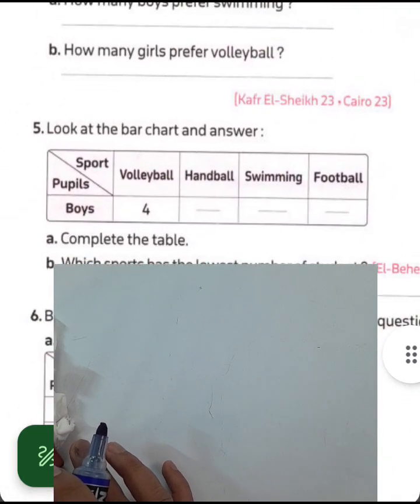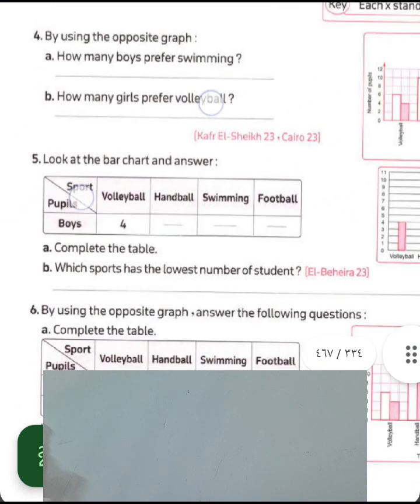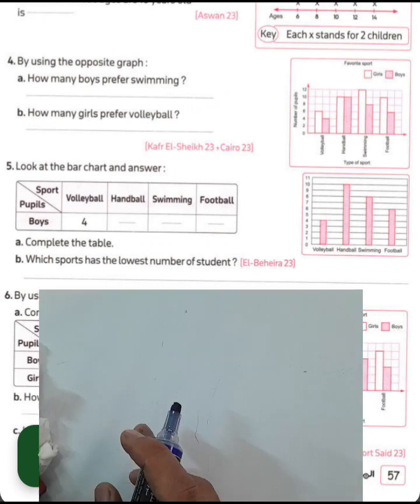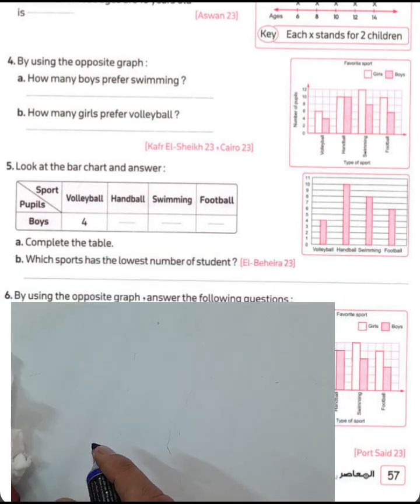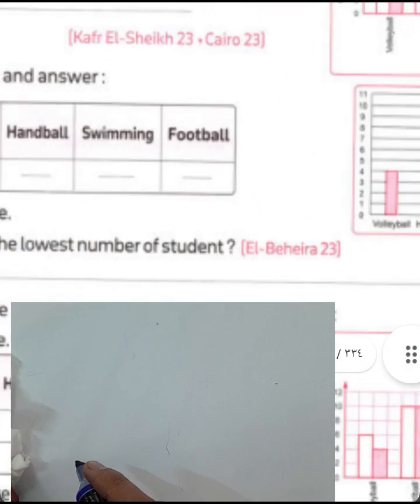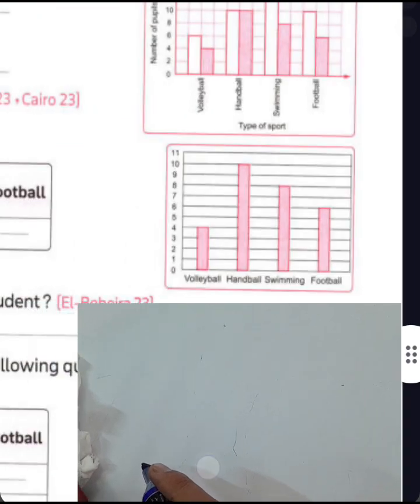Next question. Look at the bar chart and answer the question. We have the bar chart here, and we will complete it. We have handball, swimming, volleyball and football.